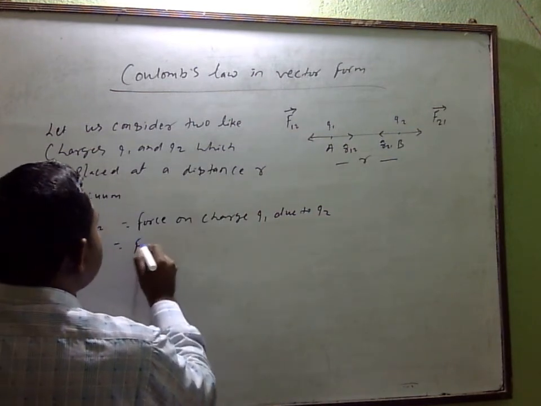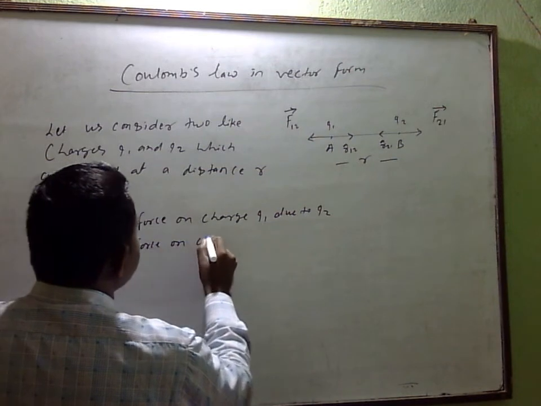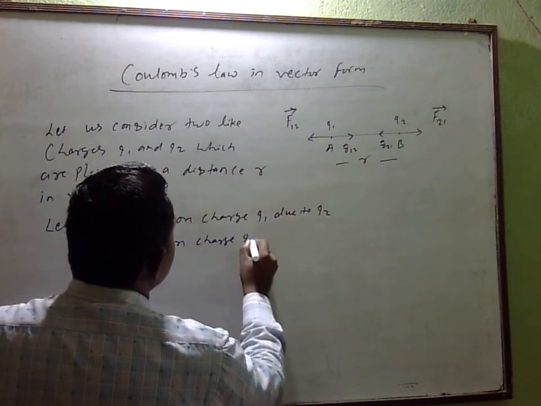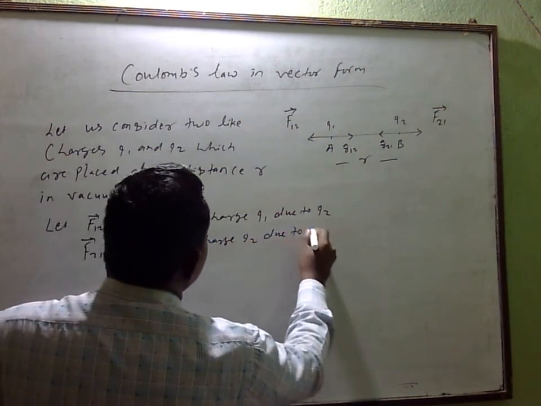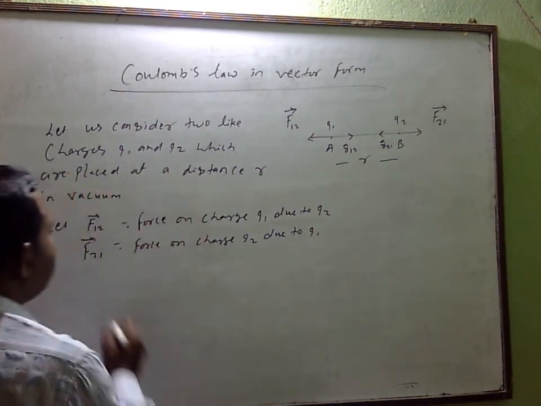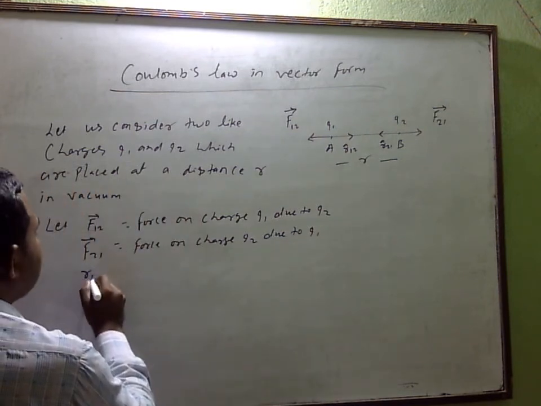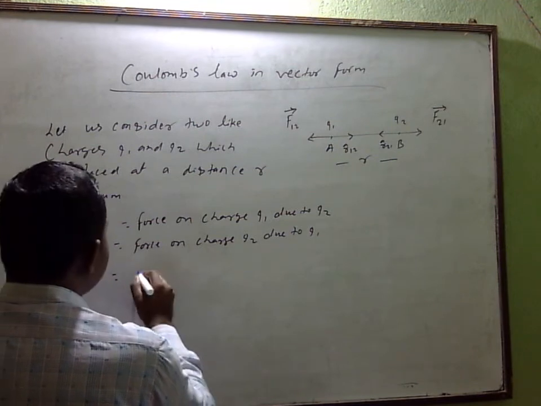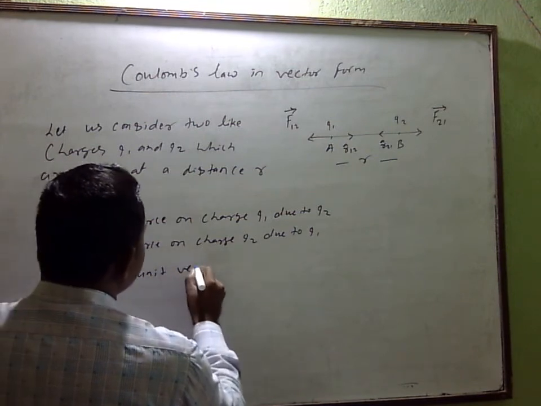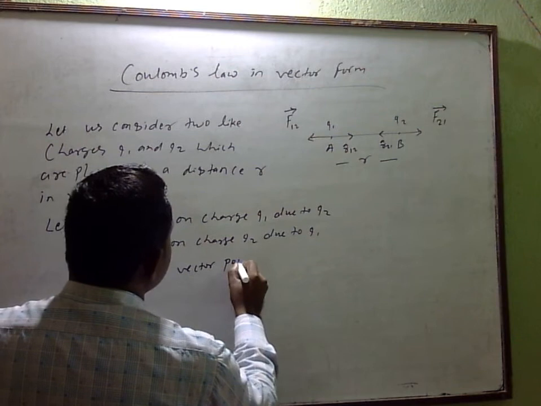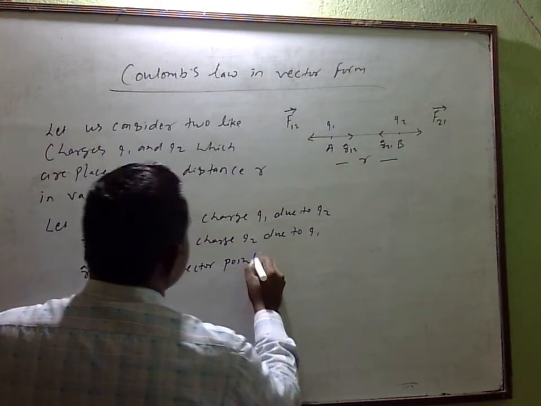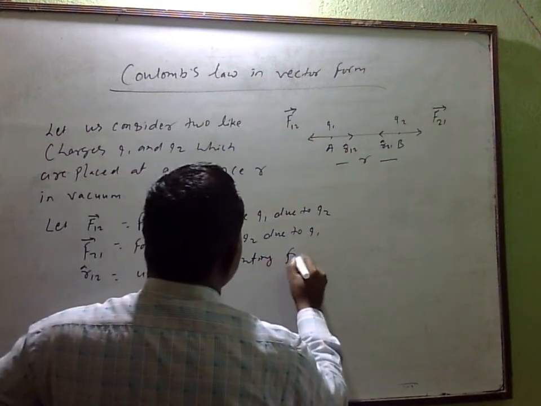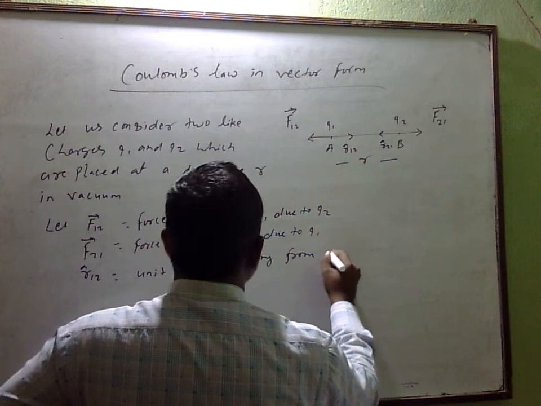Same thing you will write: force on charge Q2 due to Q1. And what is the cap of R12? Cap of R12 equals the unit vector pointing from Q1 to Q2.